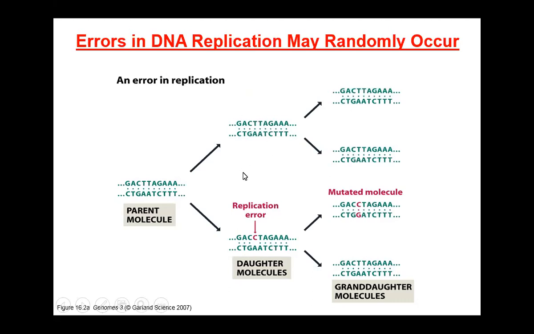In this example, it's showing a point mutation being formed. So rather than having this TA found here in the DNA, during the DNA replication, perhaps a C is added across from the A instead. Oftentimes this gets repaired, but sometimes it doesn't. So sometimes, just through the normal DNA replication process, a wrong nucleotide gets added, and this would be an example of a spontaneous mutation.